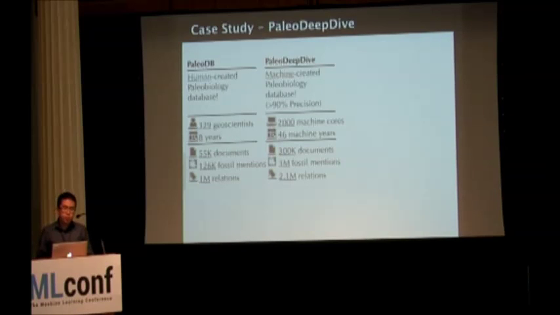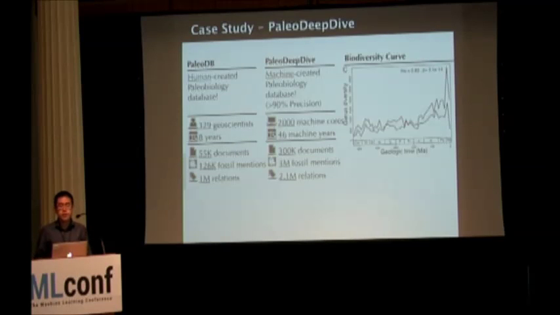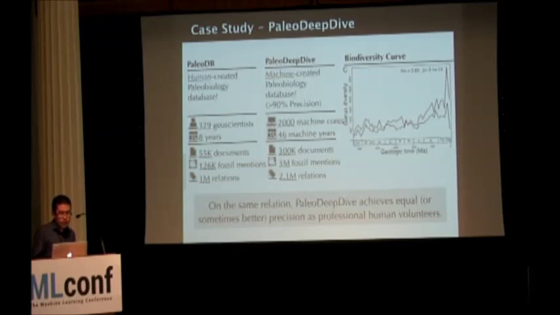We can aggregate both systems to get a biodiversity curve, and we can see that they correlate with each other in a really strong way. We actually conducted double-blind experiments asking scientists to label the facts extracted in PaleoDB and PaleoDeepDive on their correctness, and found that on the same relation, PaleoDeepDive achieves equal and sometimes better precision than professional human volunteers.